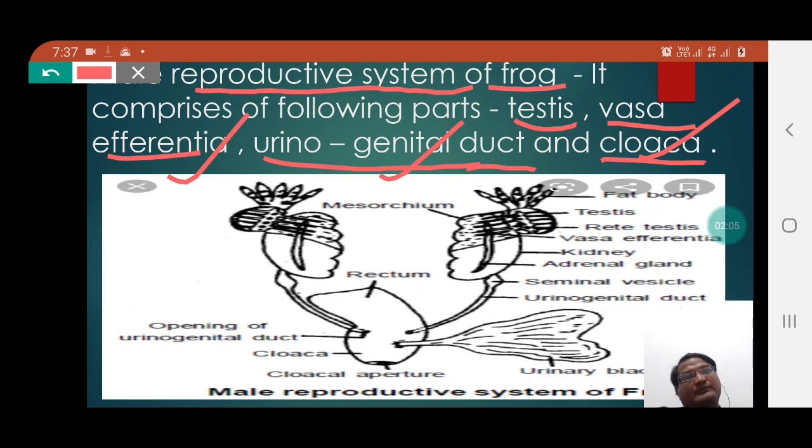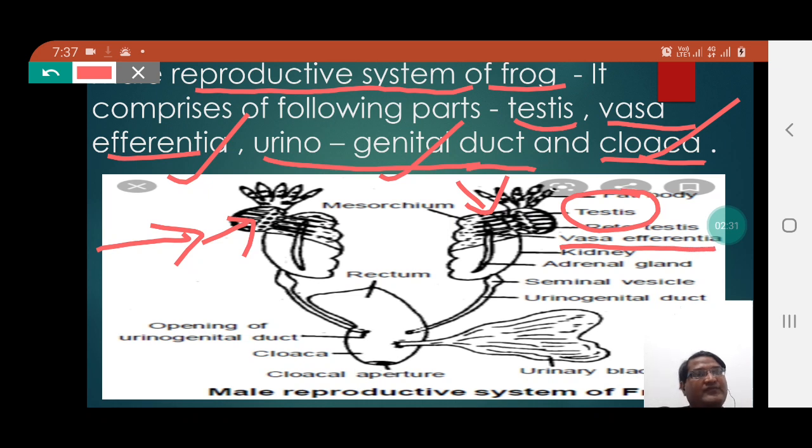Now students, in this diagram we can easily locate all these parts which are present in the male reproductive system of frog. So students, here we can notice the testis. Students, these are the testis. And we can also locate the vasa efferentia.